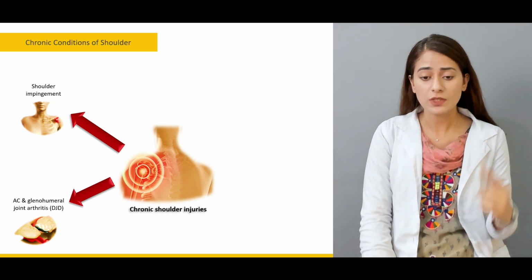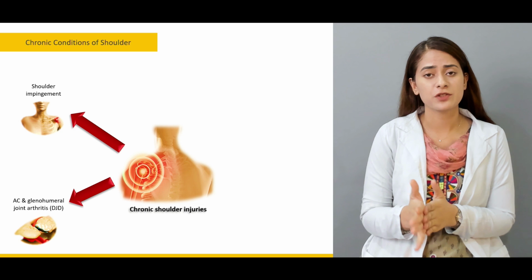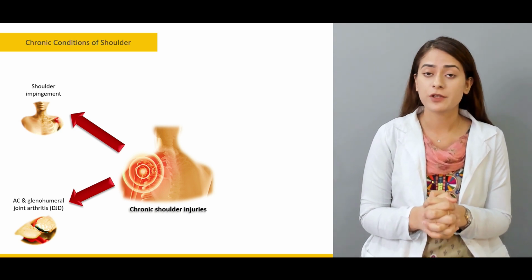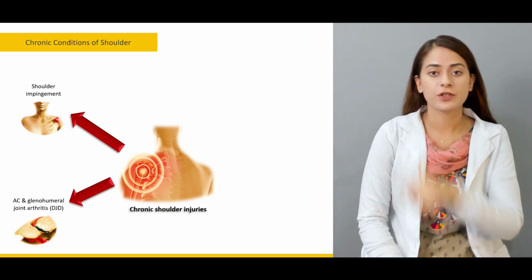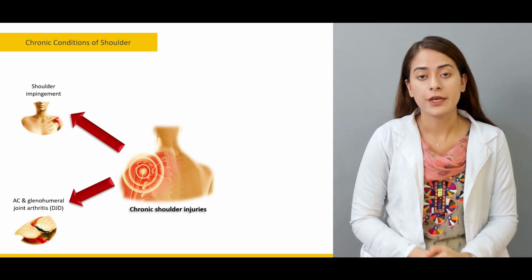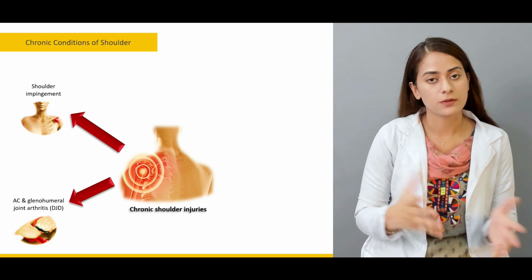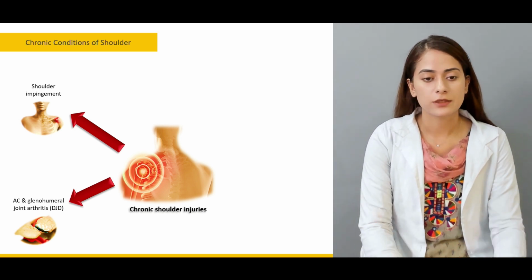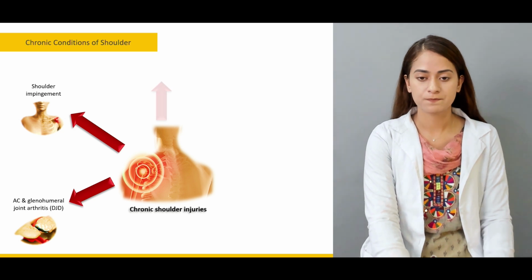Shoulder impingement especially affects the supraspinatus tendon or the subscapularis tendon, which is present superiorly, just below the acromioclavicular joint, more specifically below the acromion. So that is a little bit about shoulder impingement.